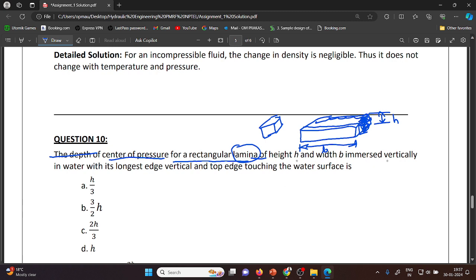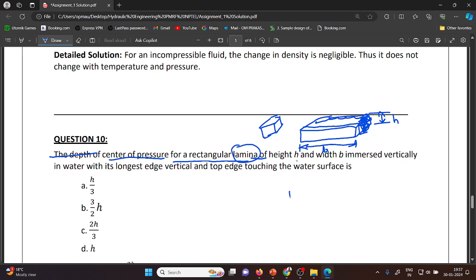Okay, immersed vertically in the water, its longest edge vertical and top edge touching the surface. So what is the center of pressure? 2 into h by 3, sir.